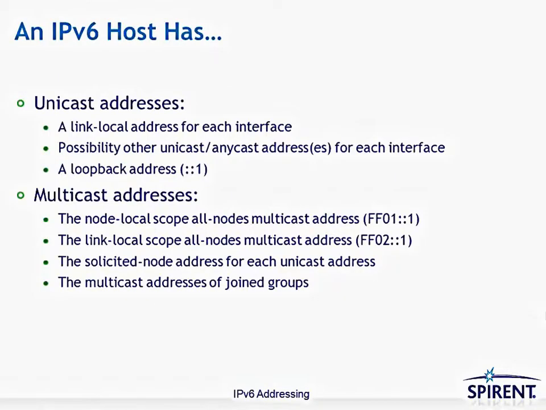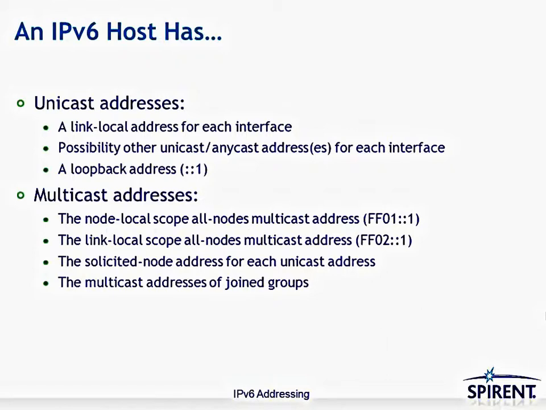And there's also the loopback address, which you're probably familiar with in IPv4, the 127.0.0.1, whereas with IPv6 it's just all zeros ending in 1, or ::1. There's also some multicast addresses. So previously I mentioned how IPv6 does not use broadcast anymore.